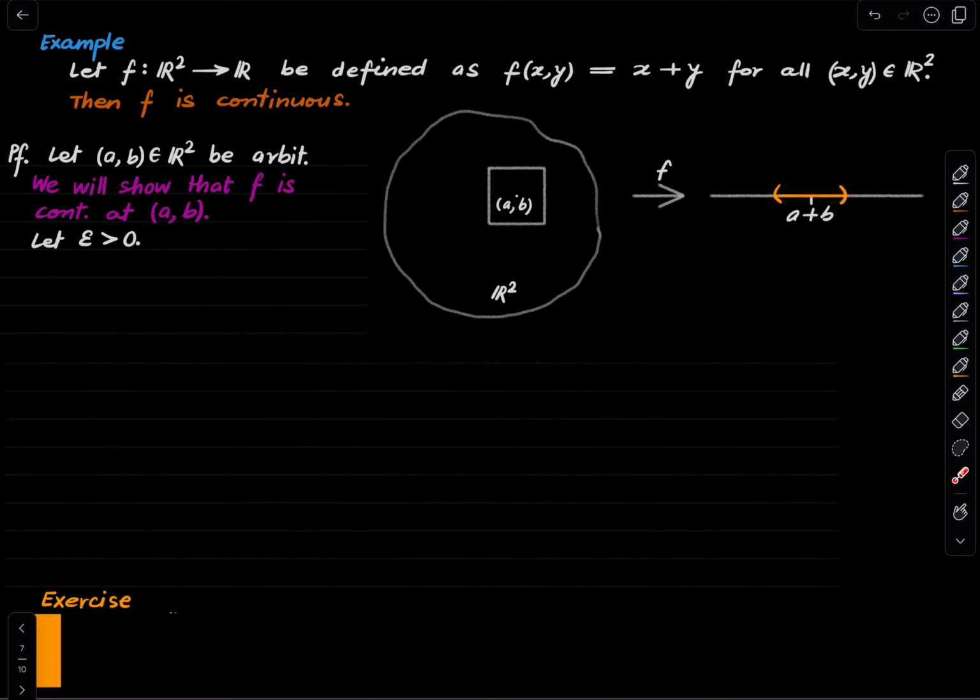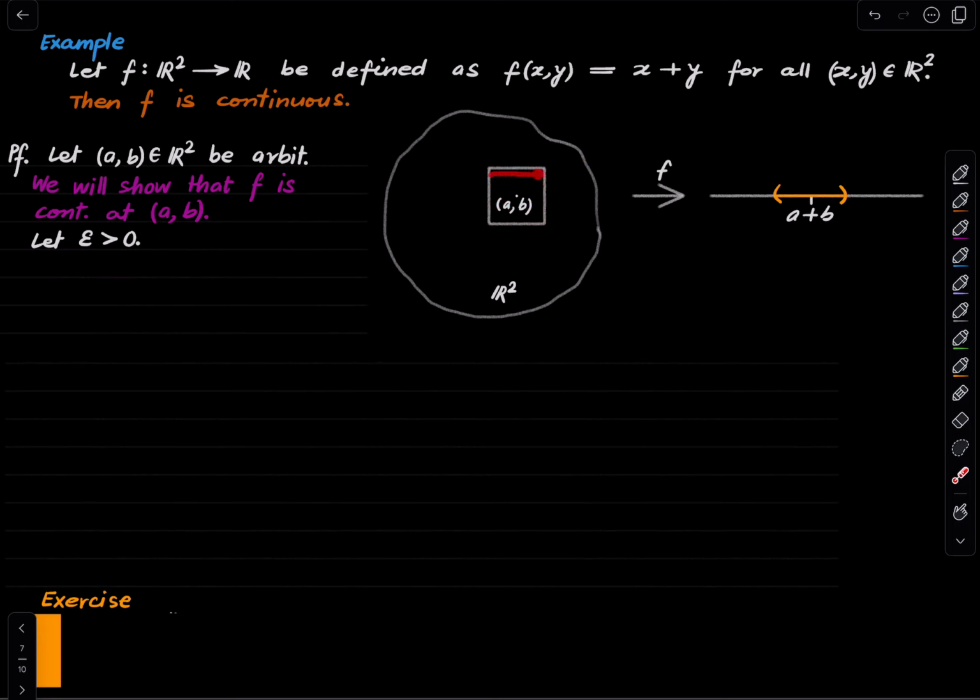So this is a ball of radius epsilon. And what we need to do is now produce a delta such that whenever we have a ball of radius delta around (a, b) under whatever metric, whatever distance we like, all the points in that delta ball map inside this epsilon ball. So we will work with the infinity distance, right?